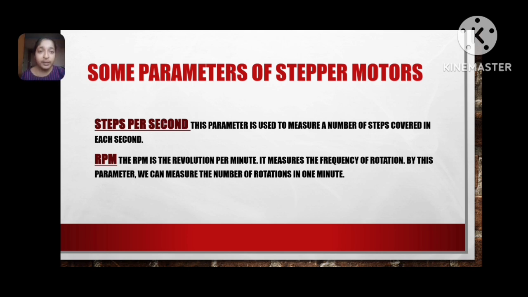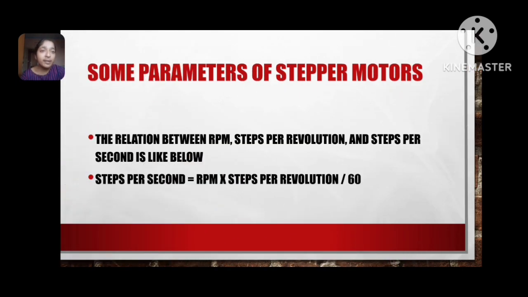Using this parameter, we can measure the number of rotations in one minute. The relation between RPM, steps per revolution and steps per second is as below. Steps per second equals RPM times steps per revolution divided by 60.